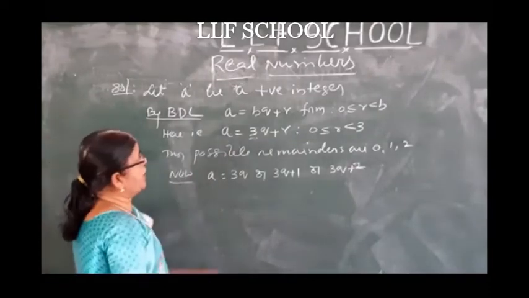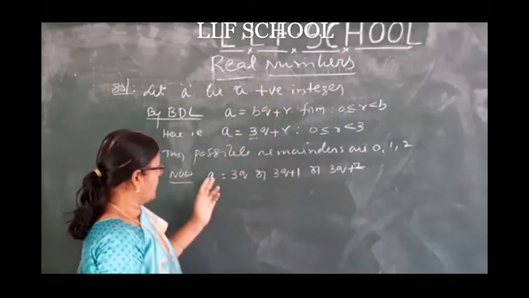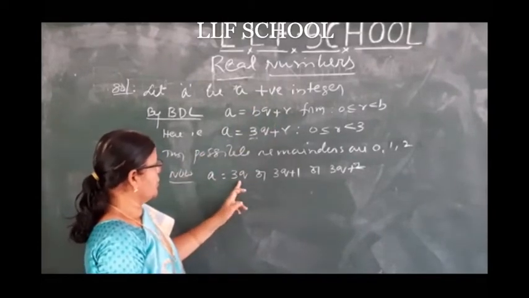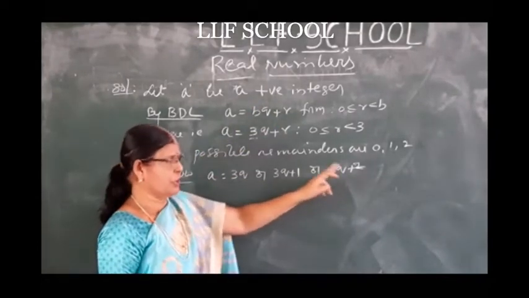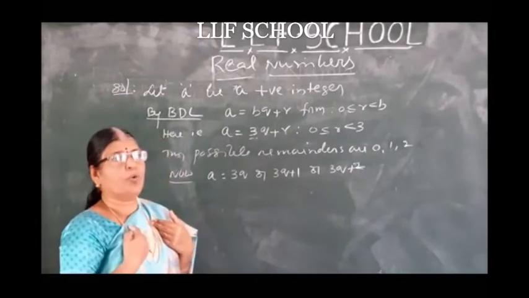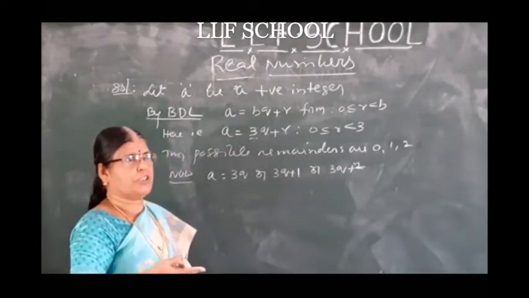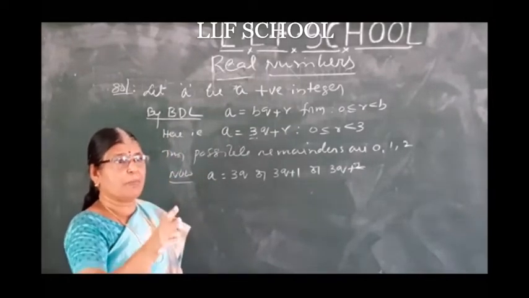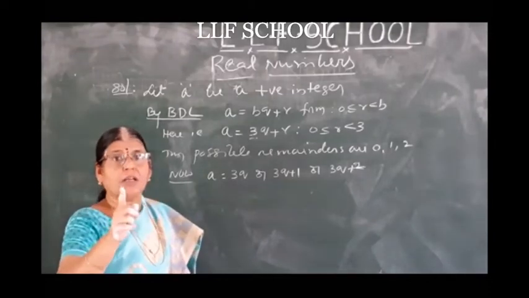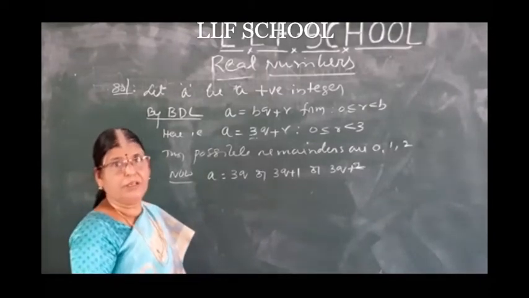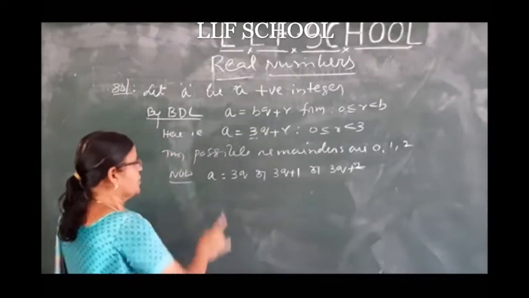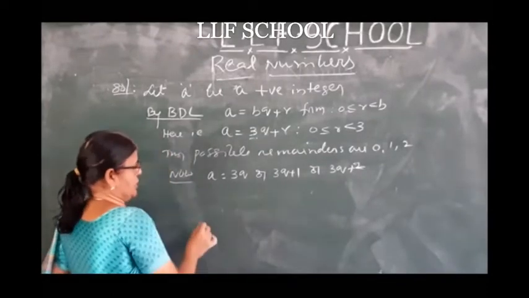This is a, a positive integer, of the form 3q or 3q plus 1 or 3q plus 2. But we can prove here that the square of a positive integer is in the form of 3p or 3p plus 1 or 3p plus 2. See here, these are positive integers.